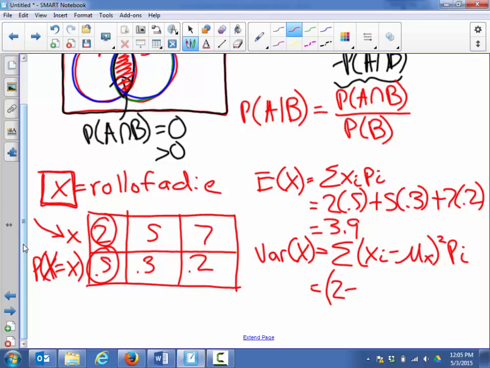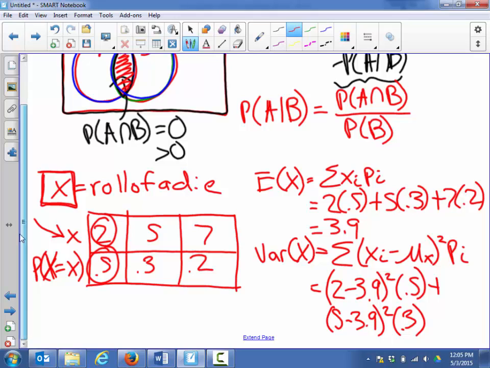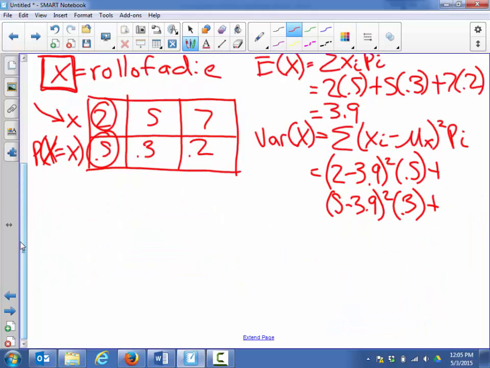So this is the sum of each individual value, so 2 minus the mean that you got from the expected value above, 2 minus 3.9 squared, times the probability that event occurs, which is 0.5 from my probability table, plus, do the same thing again, 5 minus 3.9 squared times its probability of 0.3, plus, finally, 7 minus 3.9 squared times 0.2. Okay, it gives you a total variance of 4.09.